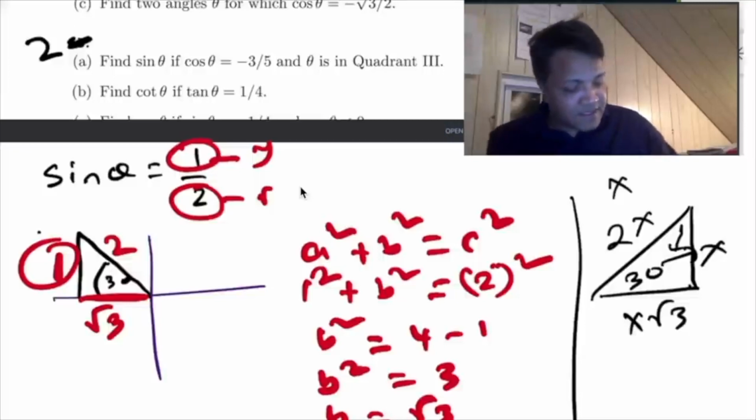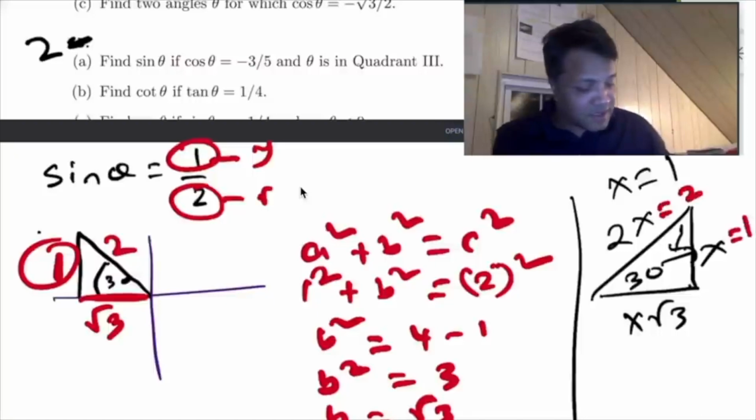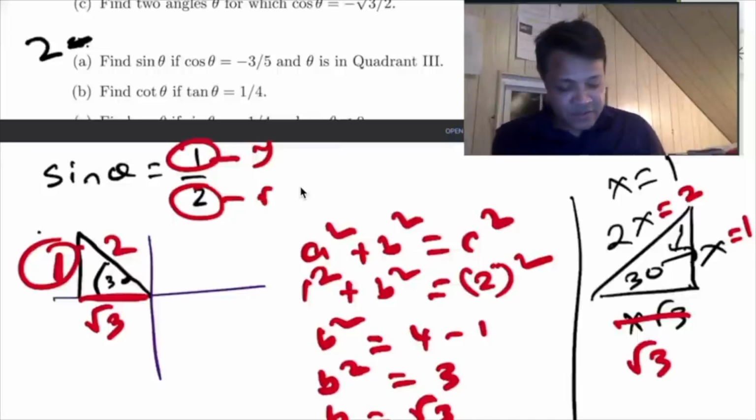If you let x equal 1, then this becomes 2, this becomes 1, and this becomes root 3. So opposite to 60 is root 3. So this must be 30, this must be 60, and this must be 90.